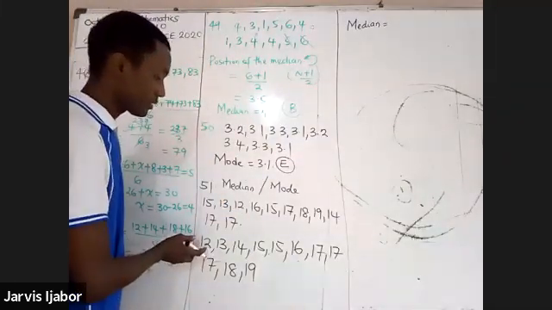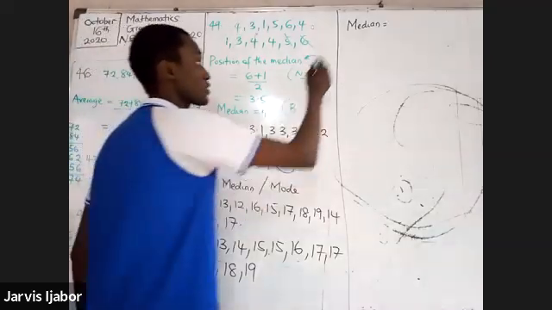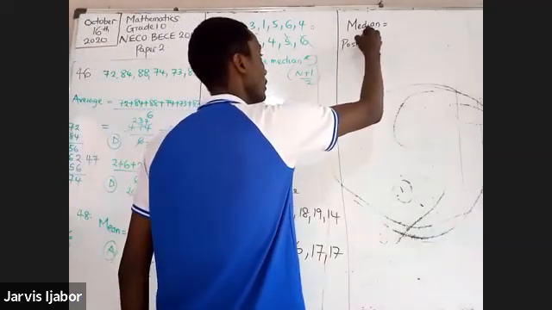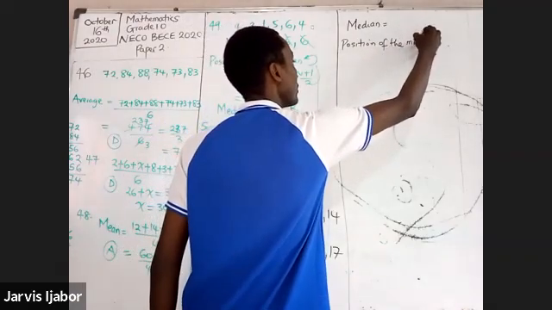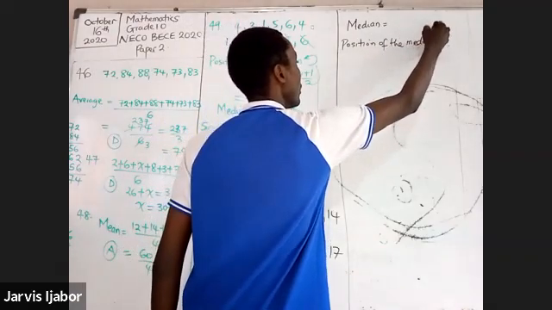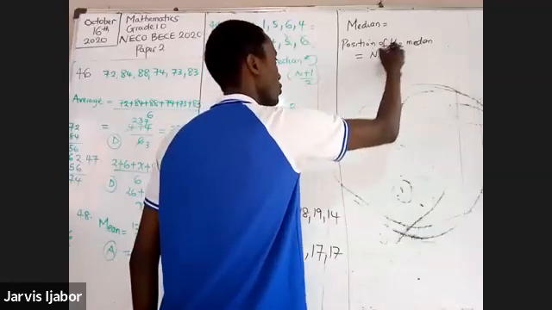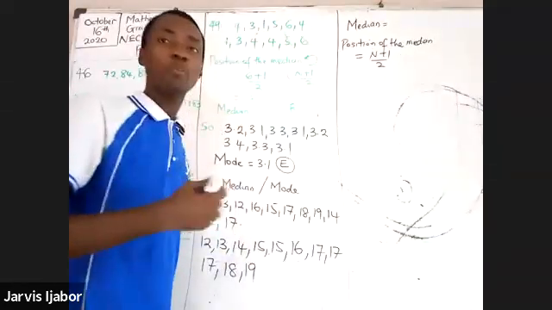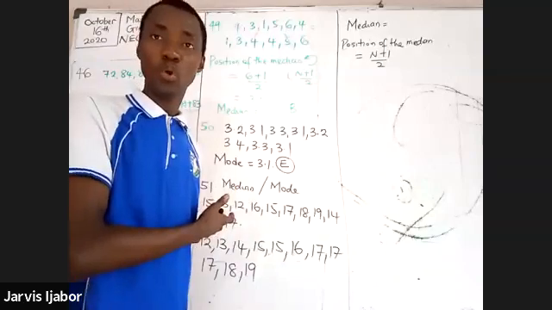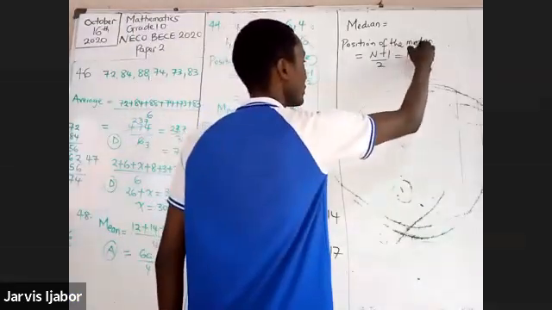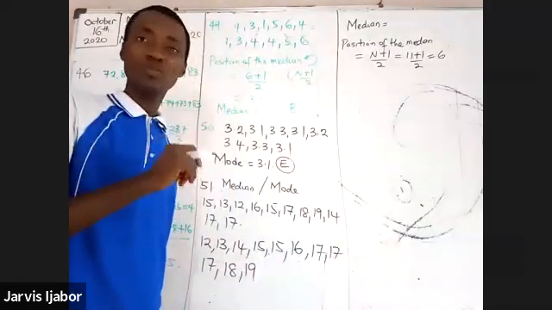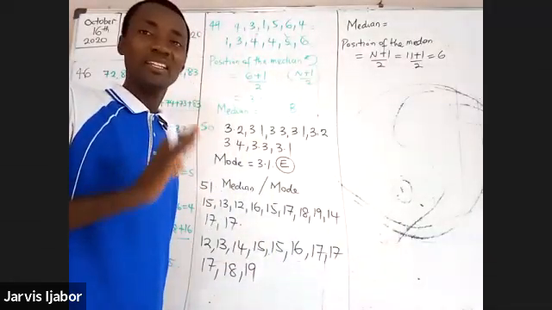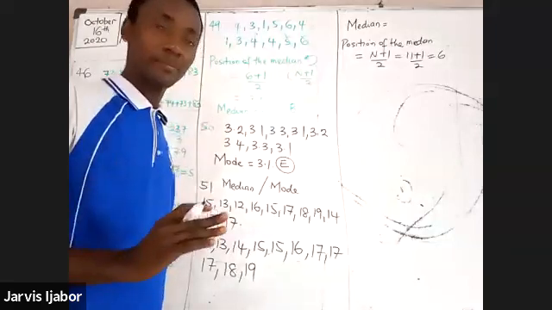So you must first look for the position of the median: n plus 1 over 2. N refers to the number of data available. In this case, it's 11, and that will be 6. It means that on the 6th position, I can discover my median.